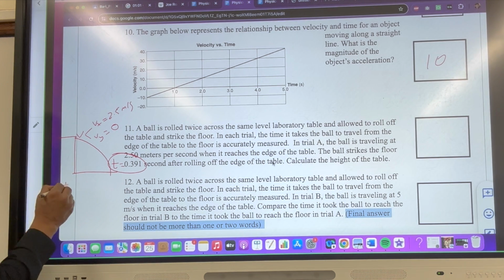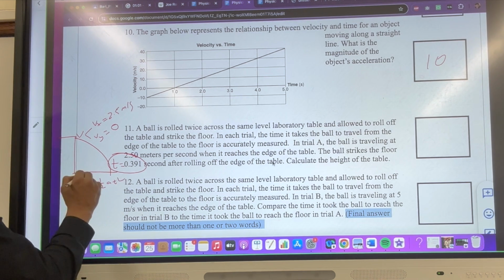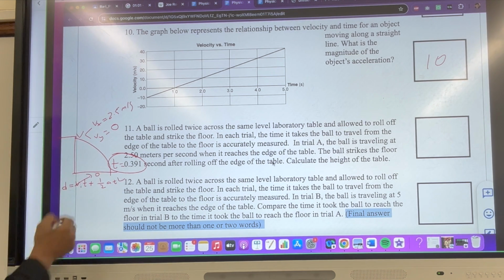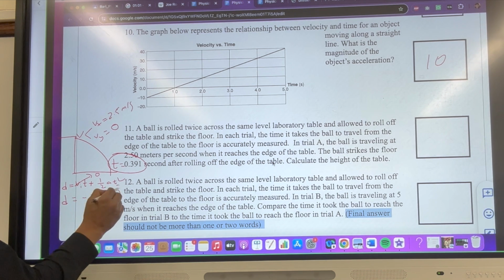Okay, so d is equal to vit plus half at squared. Of course, Vy is 0 over here, so we're going to let it be 0. And the acceleration is negative 5, and t is, don't forget, 0.391 squared.